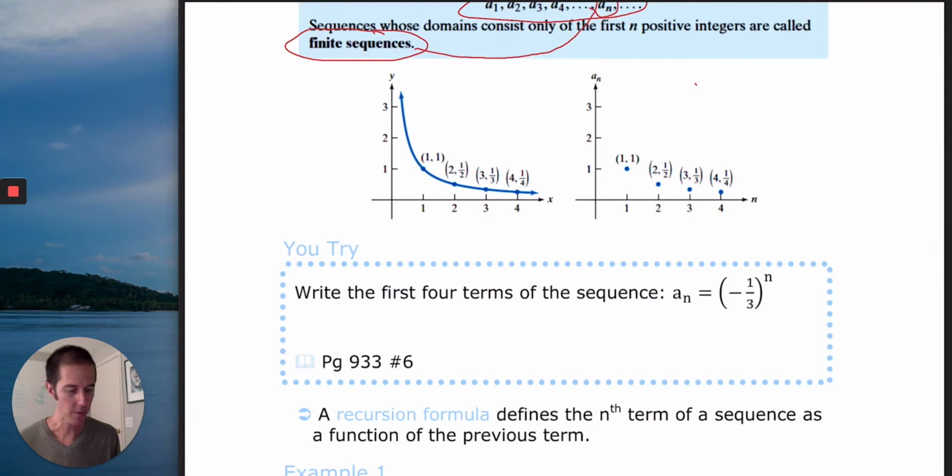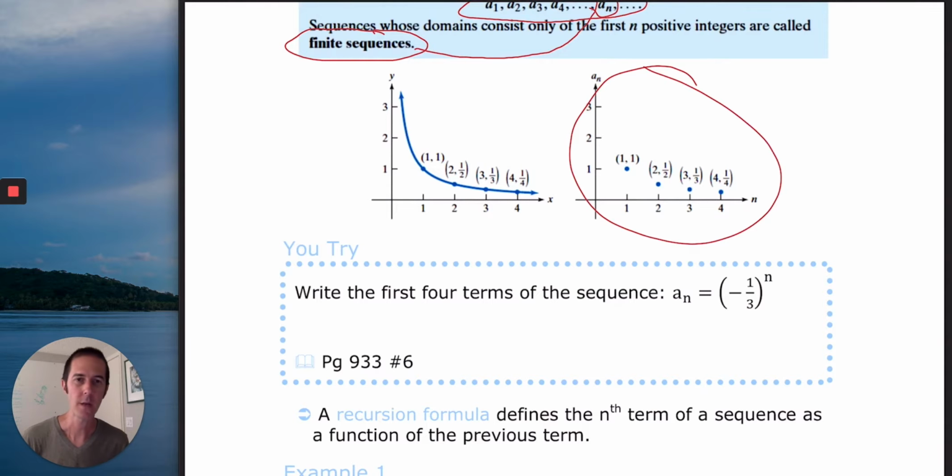This graph on the right is a graphical representation of a sequence. The x values are actually the n values that we're plugging into our function, and notice that only the integers are being worked with here. We have the first integer, 1, going into our function, and the output, the y value, is also 1.